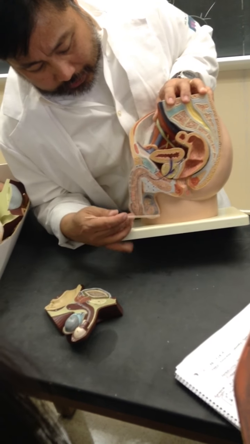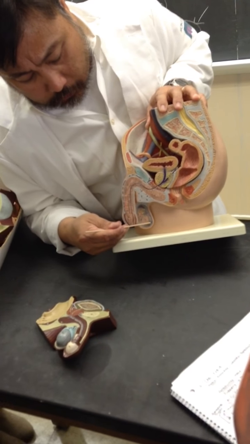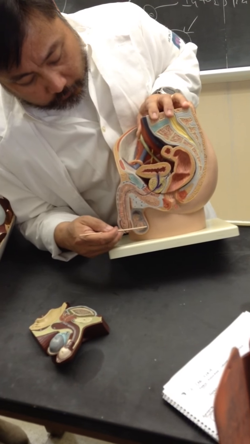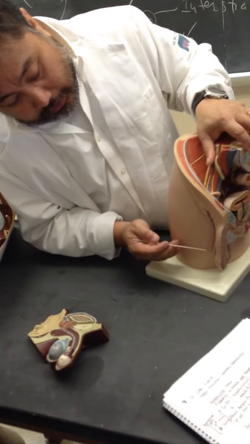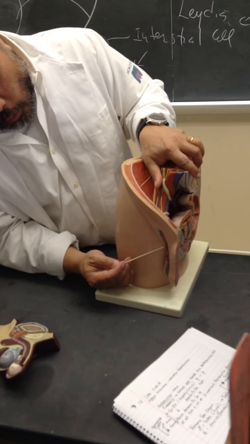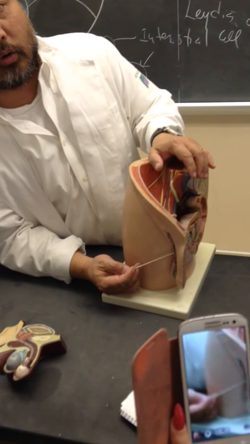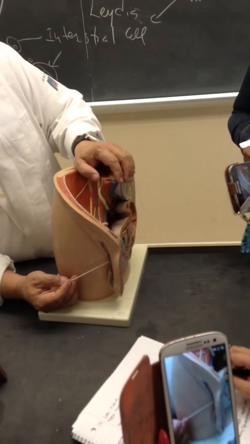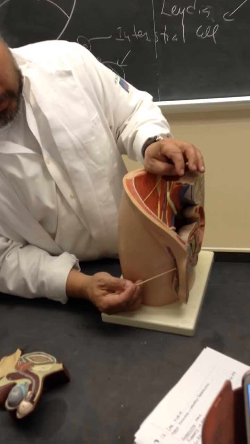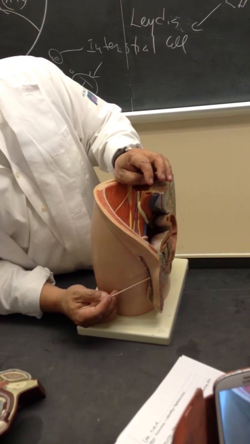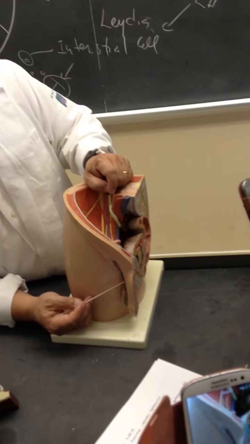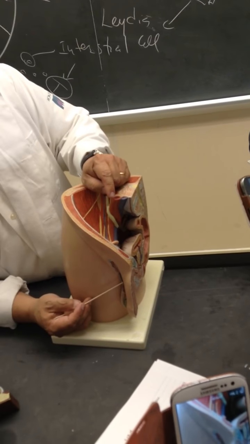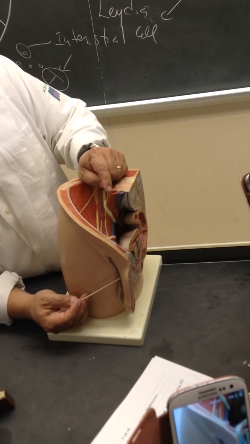As part of the ejaculation, the sperm move from the epididymis out into this whole thing right here, known as the spermatic cord. The spermatic cord has at least three things. One is the vas deferens or ductus deferens.